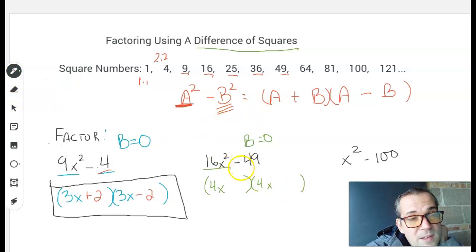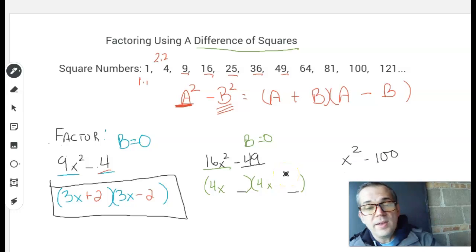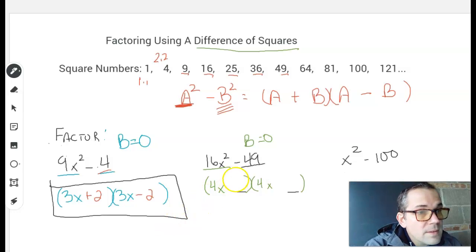Whatever multiplies by itself to give me this is going to go in the second half of the parenthesis. Now, if you don't know, you can get a calculator out and you can use the square root button, right? So you can go square root of 49 and get 7. 7 times itself is 49. And then 1 is plus and 1's minus, and I'm done.